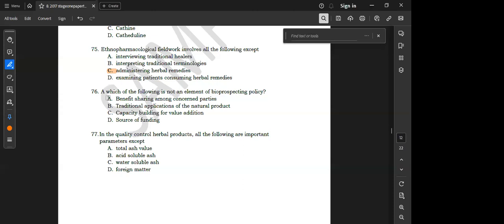Either B or D, because again, either B or D. So picky ponky. You said B, traditional application of the natural product. Yes, traditional or source. So B or D, and then now picky ponky. I'm not sure.